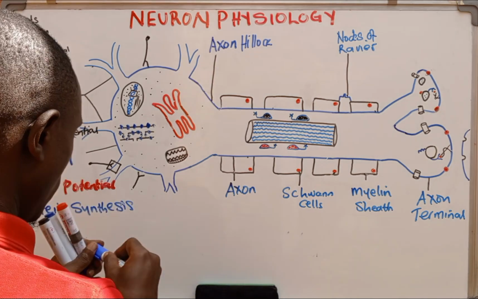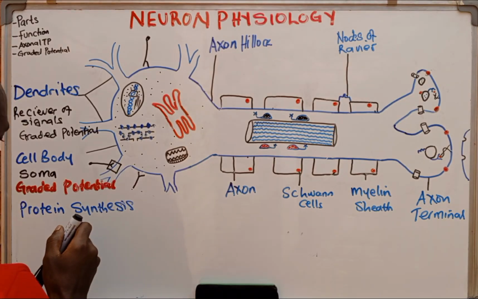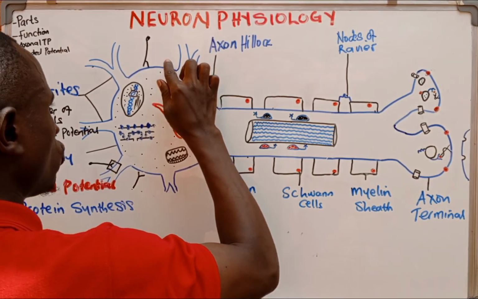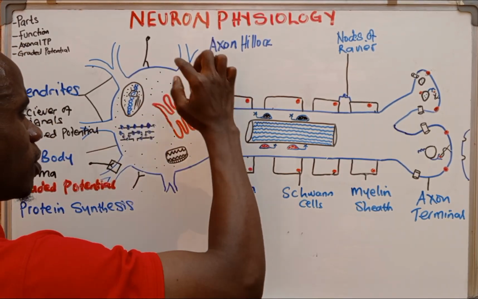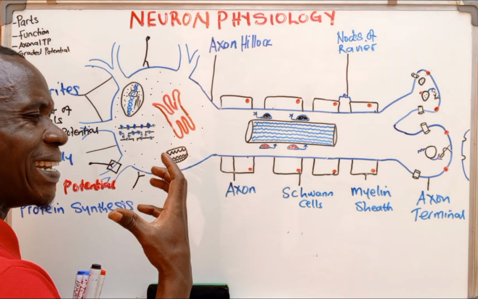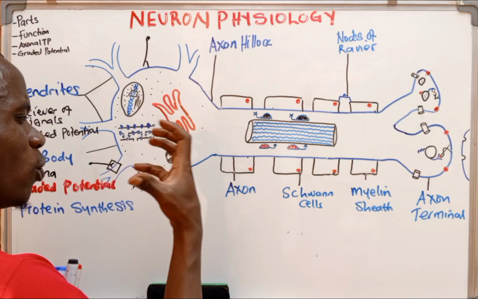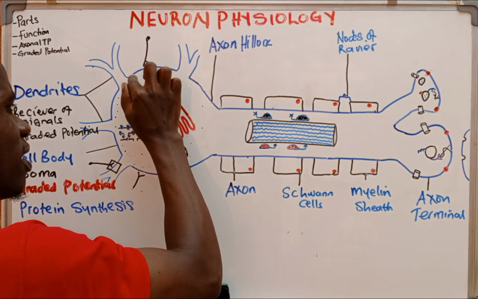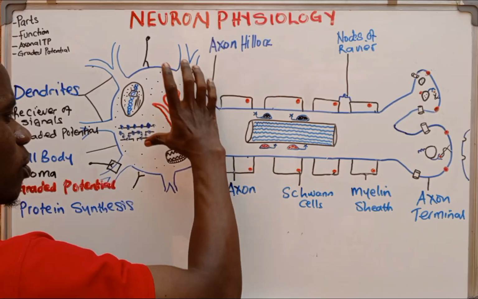You know, when we are talking about protein synthesis, this is what happens. For a particular protein to be made, we need an individual gene to be expressed. And where do we have our genes? We have the nucleus, which resides in the cell body.